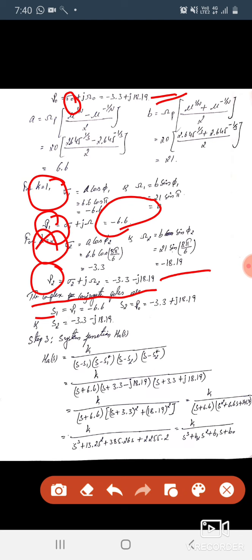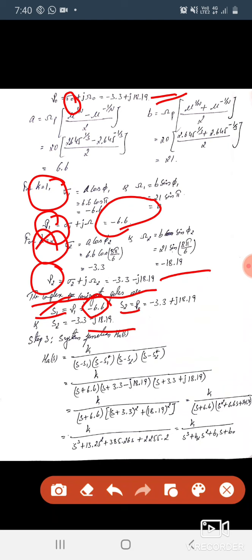Therefore, S2 is equal to P0, that is minus 3.3 plus j 18.19. The complex conjugate of that is minus 3.3 minus j 18.19. When you get the real value, take that as S1. Next, when we get another set of complex conjugates, take that as S2 and S2 star. That's what we wrote here.